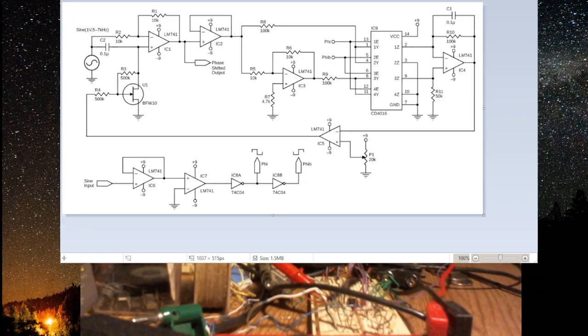Anyway, so if we look at this circuit, there's only one signal source, and then this comes back up around and feeds this. They've got a unity gain op amp. I don't know if you can see this in the stream or not.